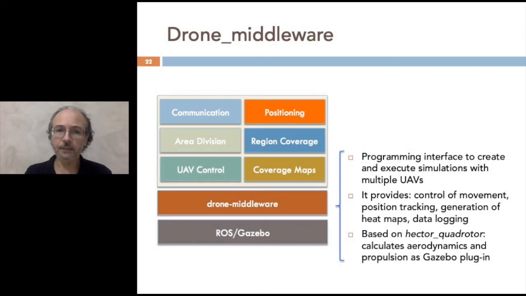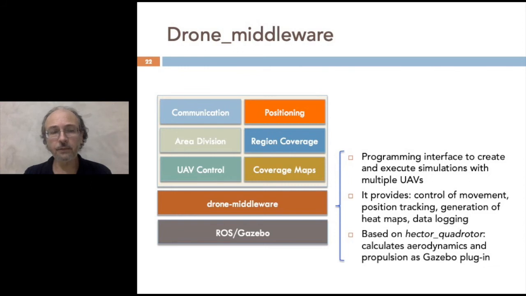On top of ROS Gazebo, we have implemented a layer called Drone Middleware, which provides a programming interface which eases the development, or the creation and monitoring and tracking of simulations with more than one UAV.